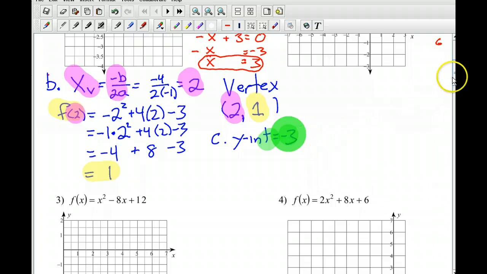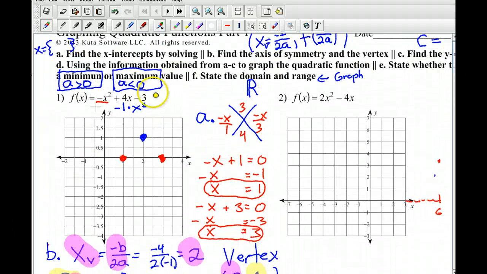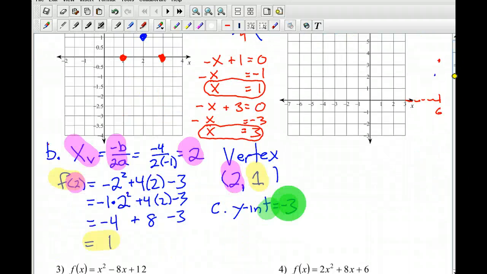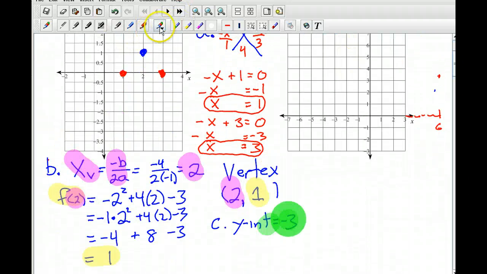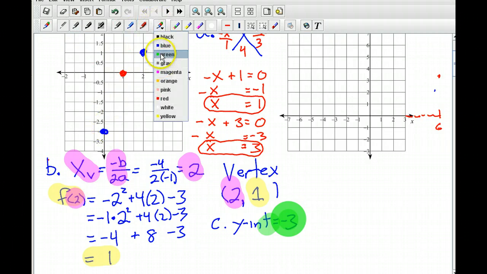I'm just getting that from right here. Whatever that number is on the end, that's the y. So, negative 3. There we go. Negative 3, right there.